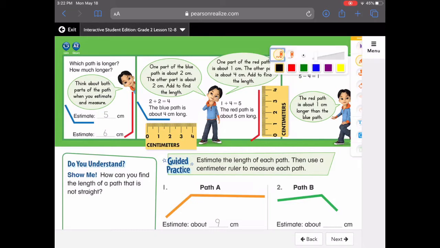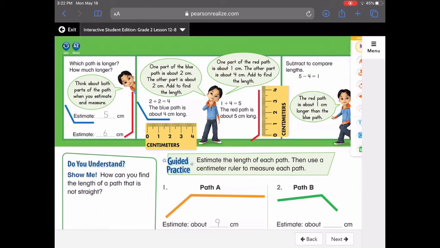So see how there's one section right here of this line, and then there's another section right there. You will need to measure both to find the total length. Okay? So the estimate is about 5 for blue and 6 centimeters for red.